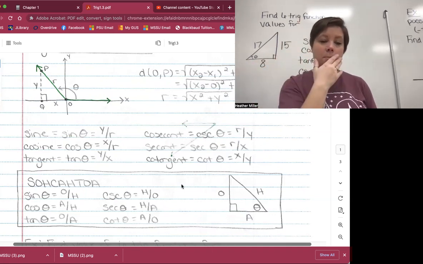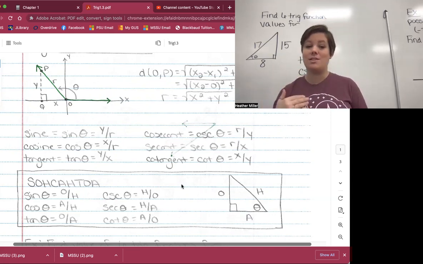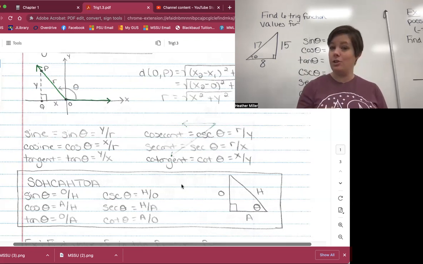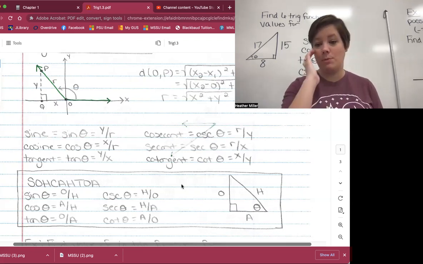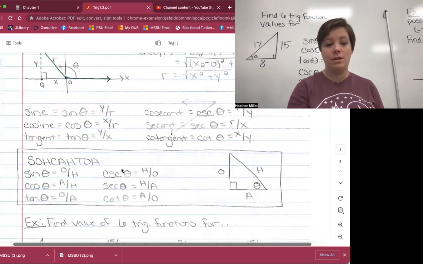Okay. We will use the x's, y's, and r's. We will use the opposite, adjacents, and hypotenuse. I will probably use the SOHCAHTOA method a lot more, but you are more than welcome to use whichever method clicks for you. And that's why I'm presenting you with both methods. So let's actually do a problem.